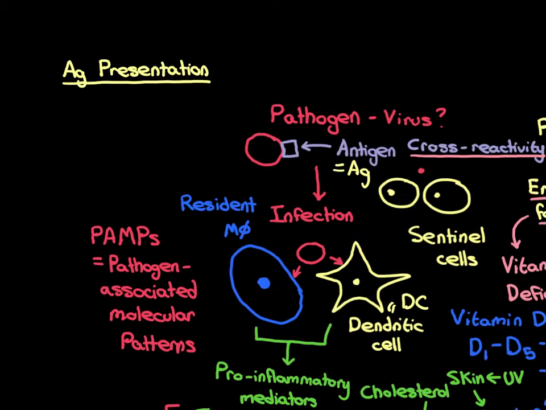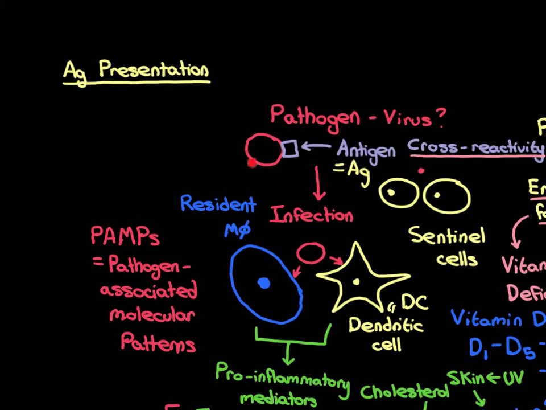Now, before I actually describe antigen presentation to you, let me go back to a point that I talked about in the previous video, which is very important to know about, although we're not going to discuss it in detail later on. When you're initiating an adaptive immune response against a real pathogen, like the one we have here, this pathogen will have a huge number of proteins, a huge number of antigens.